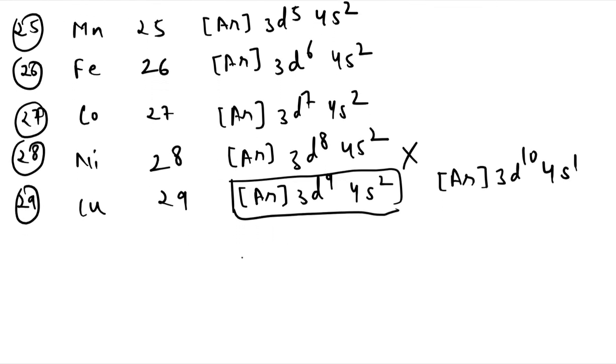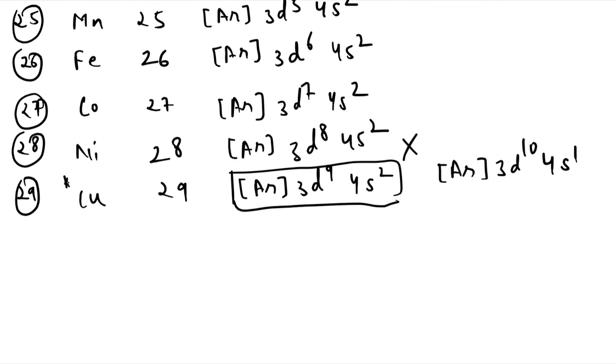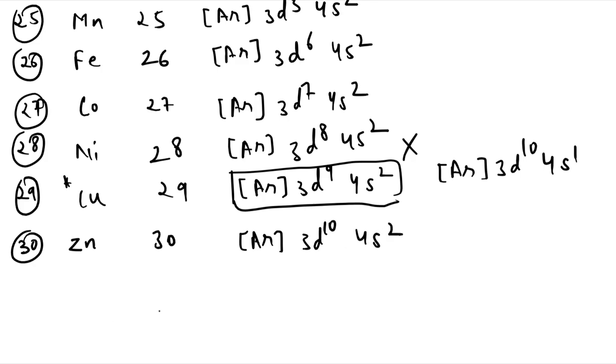This is also a special case about which I am going to talk in the next video, because it is a little bit of a lengthy topic, and I'll explain the reason behind it there. And lastly we have zinc with 30 available electrons. How are we going to arrange them? Argon 3d10 4s2. So these are the electronic configurations of different atoms.